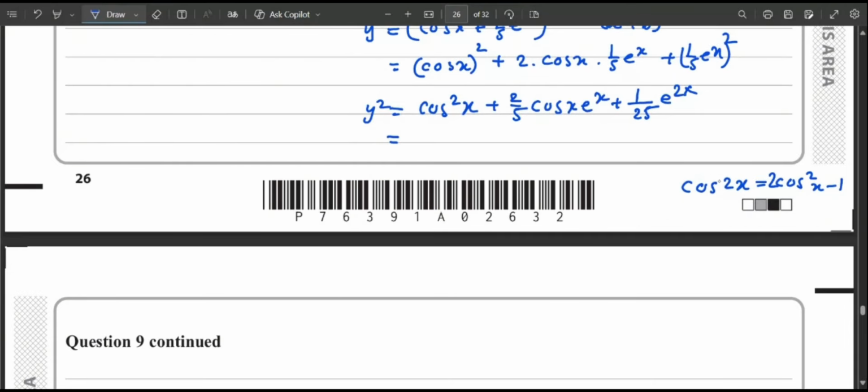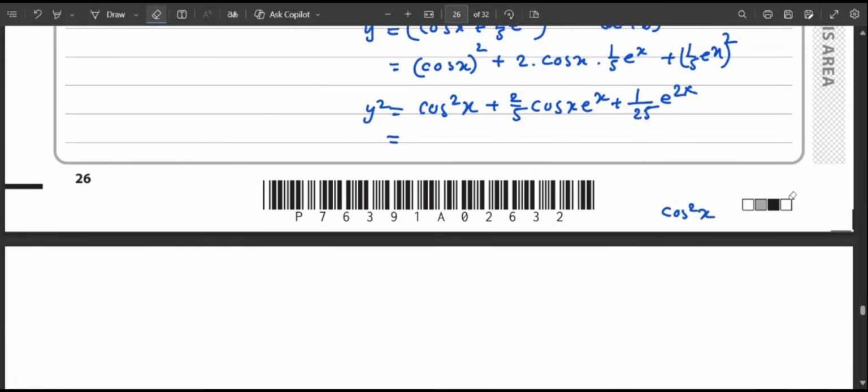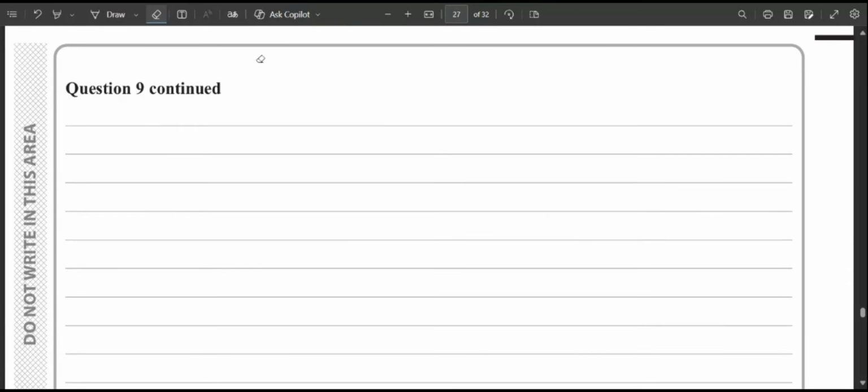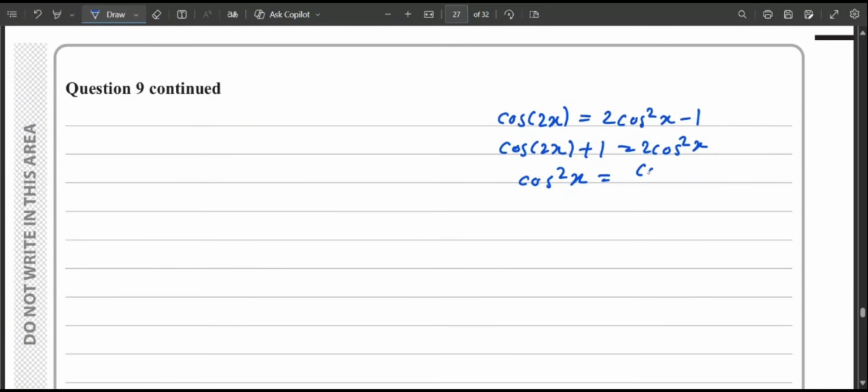So cos 2x plus 1 is equal to 2 cos square x, and cos square x is equal to cos 2x plus 1 divided by 2.